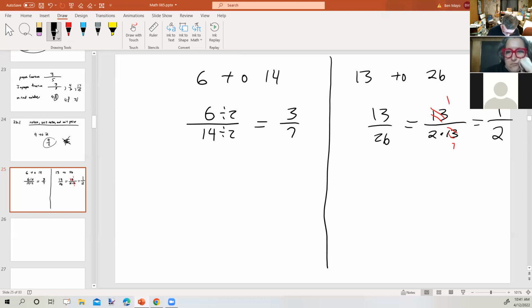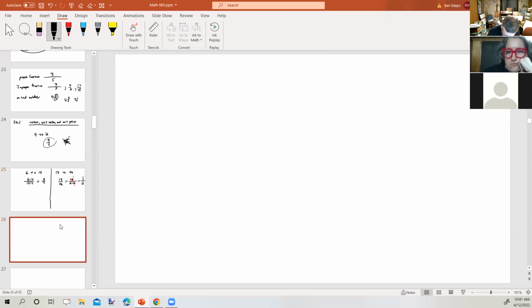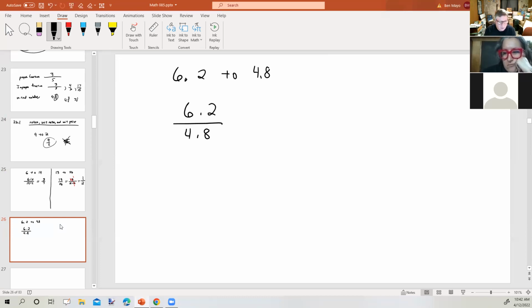All right. How about this one? 6.2 to 4.8. So write it as a fraction, 6.2 to 4.8. We want it in lowest terms. We want a whole number on top and a whole number on the bottom, reduced as much as possible. I have decimals. I need to get rid of them.